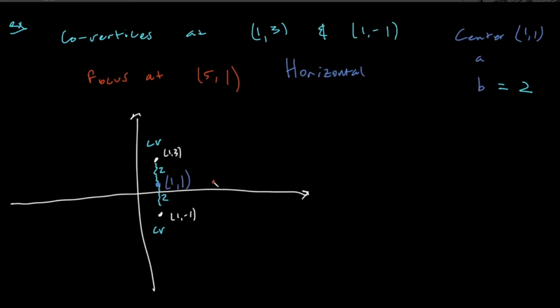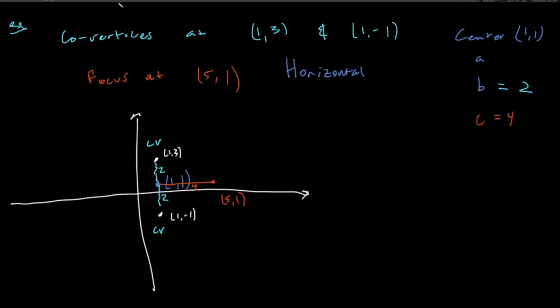Okay, so we got our focus over here at 5, 1. So this gives us the focal length. We could draw the other focus, but we really don't need it. So the focal length is the distance from 1, 1 to 5, 1. So focal length is 4 units. Well, that's C. C is 4 units.